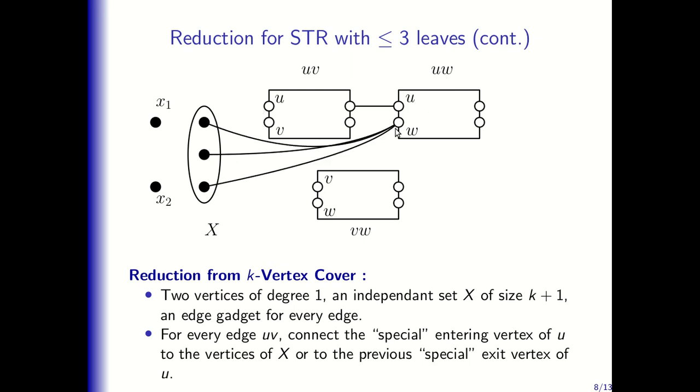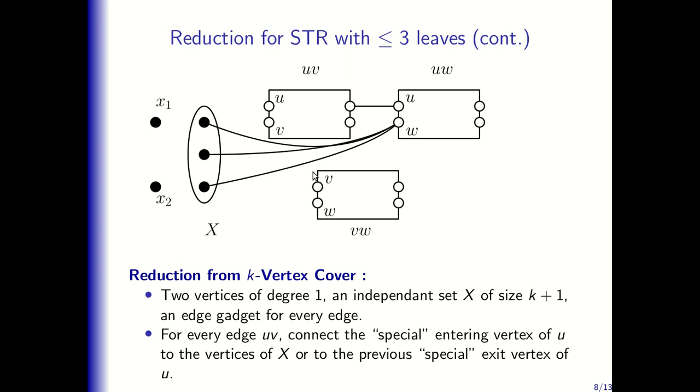You have already seen an edge for U, so instead of connecting it to X as before, you connect it to the previous exit vertex of U. So the entering vertex of U is connected to the previous exit vertex of U, which was this one. And W, that's the first time we meet the vertex W, so we connect it to X.